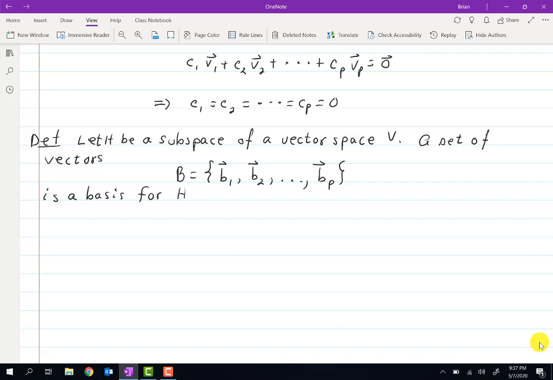for H if we've got 2 things that need to happen here. 1, B is linearly independent, and 2, H is equal to the span of those vectors.